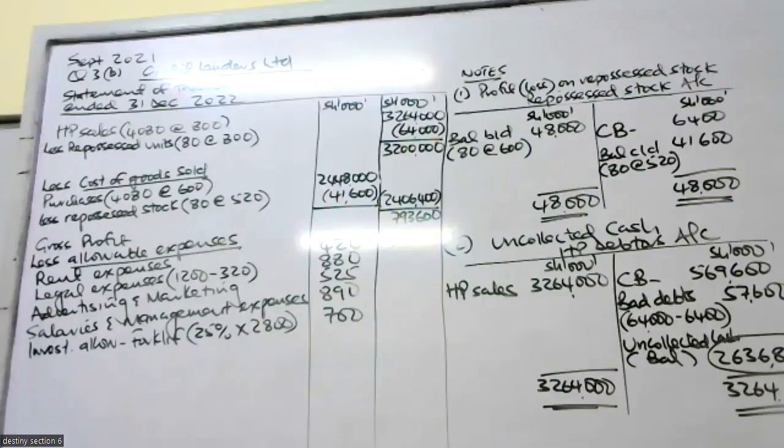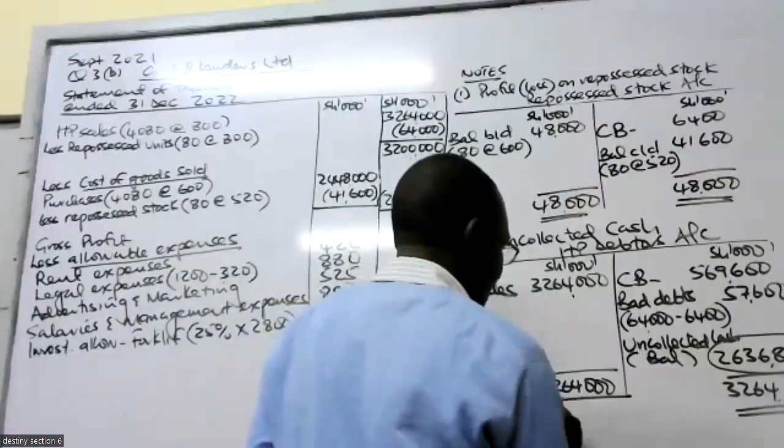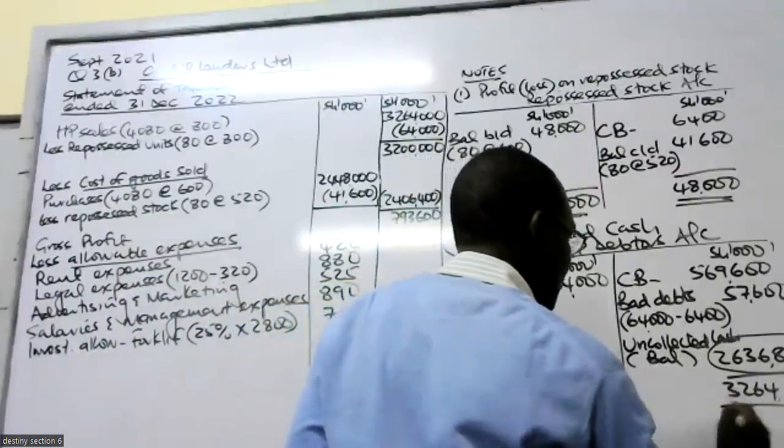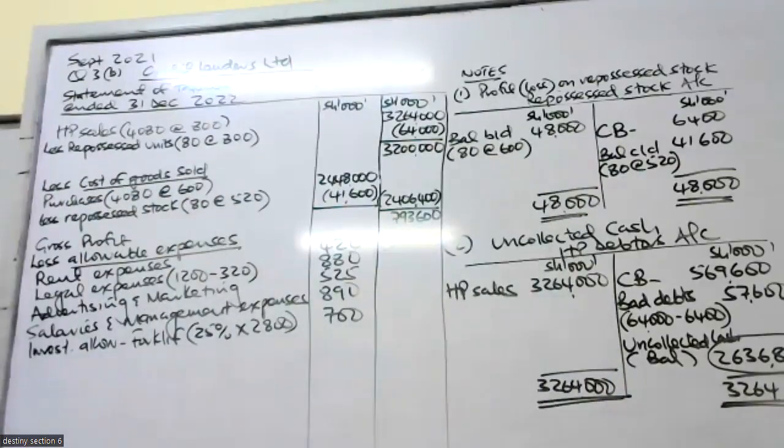That's the cash that is still out with the customers, which they are hoping to collect. So we can use that as a percentage of sales to give us unrealized profit, which we can charge in the income statement. Whatever is left is what the revenue authority wanted.